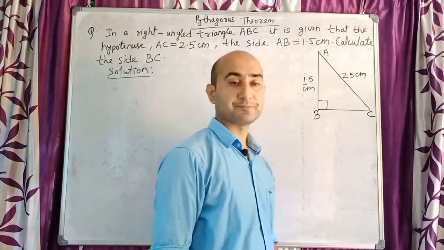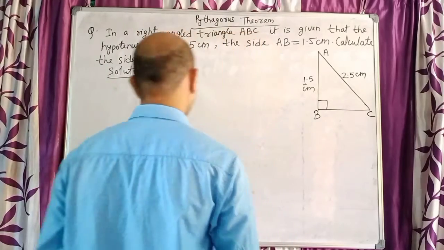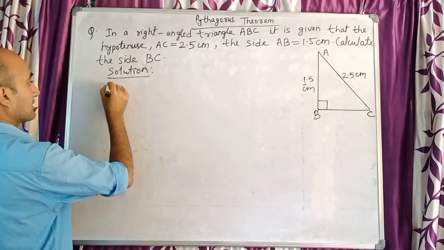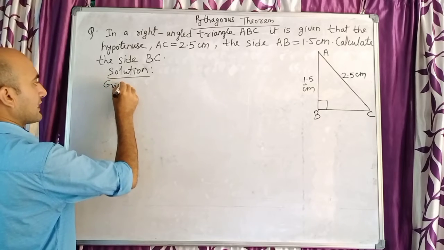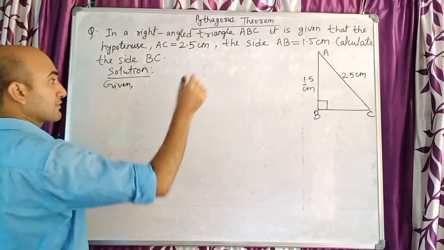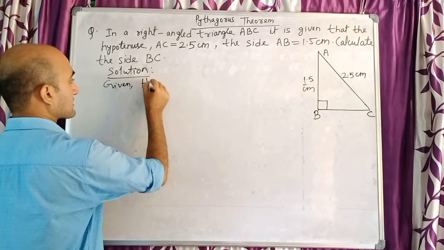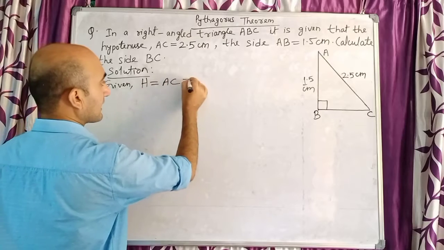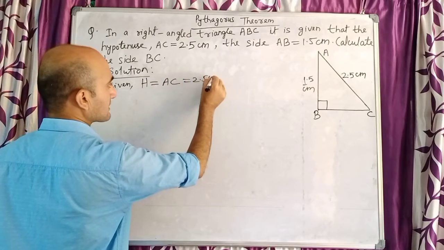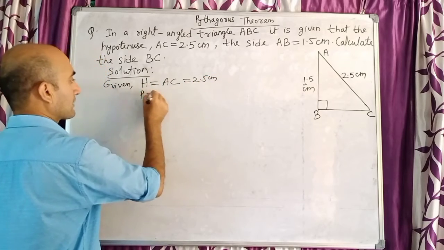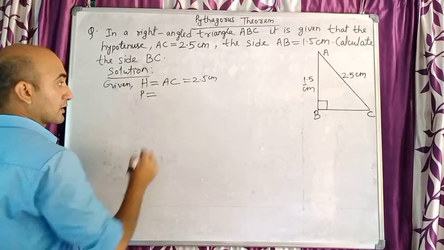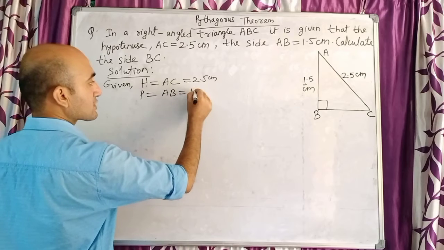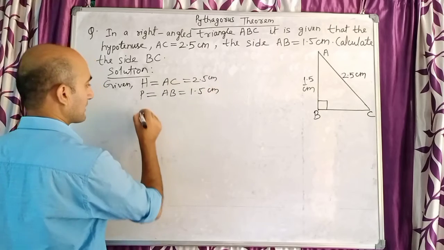BC is base. I have told you the base formula in number 3. You can write all the given parts if you want. Given: hypotenuse H, which is named as AC, and its value is 2.5 centimeter. Perpendicular is named here as AB and it is given as 1.5 centimeter.